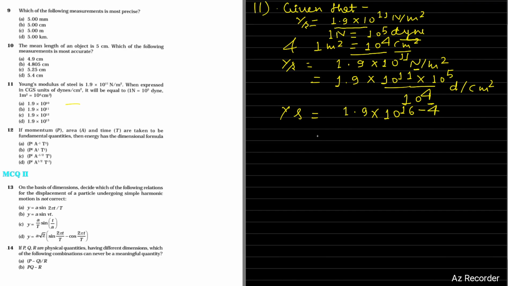So it will be 1.9 into 10 to the power 12. This is Y_S, which means we have the answer in dyne per centimeter square. So it would be option C. Option C would be the right answer.